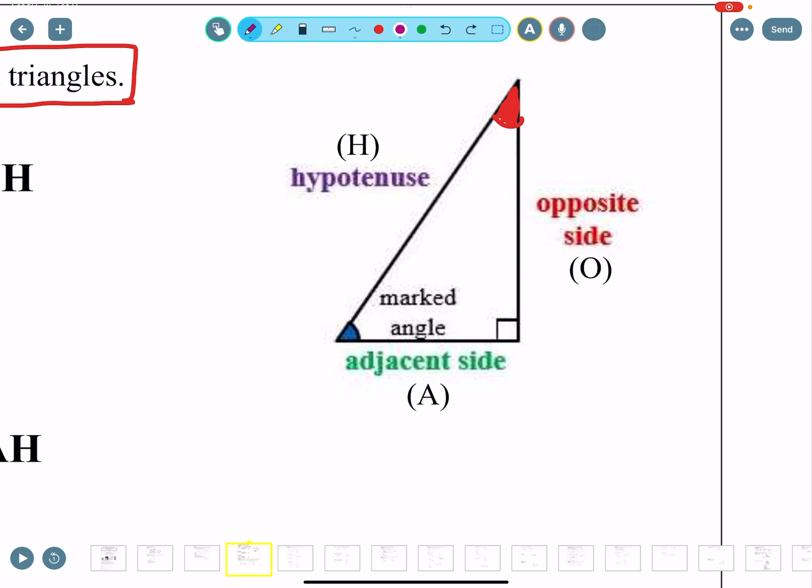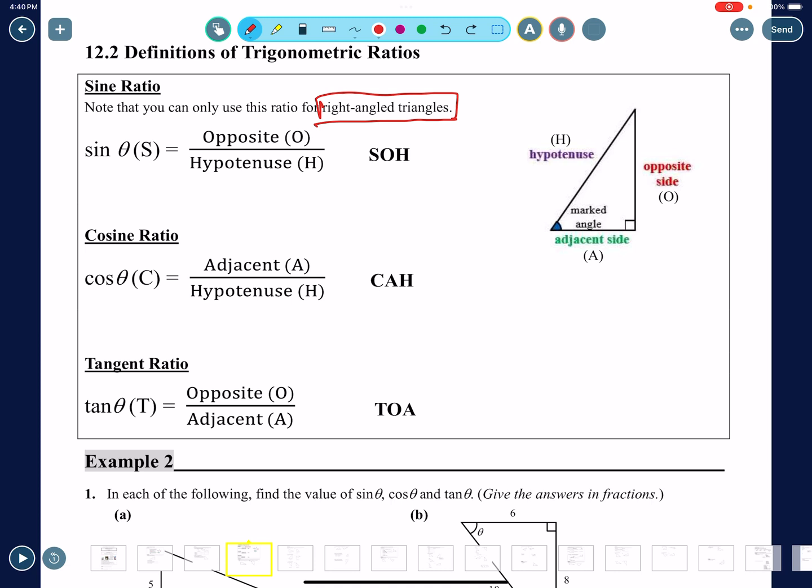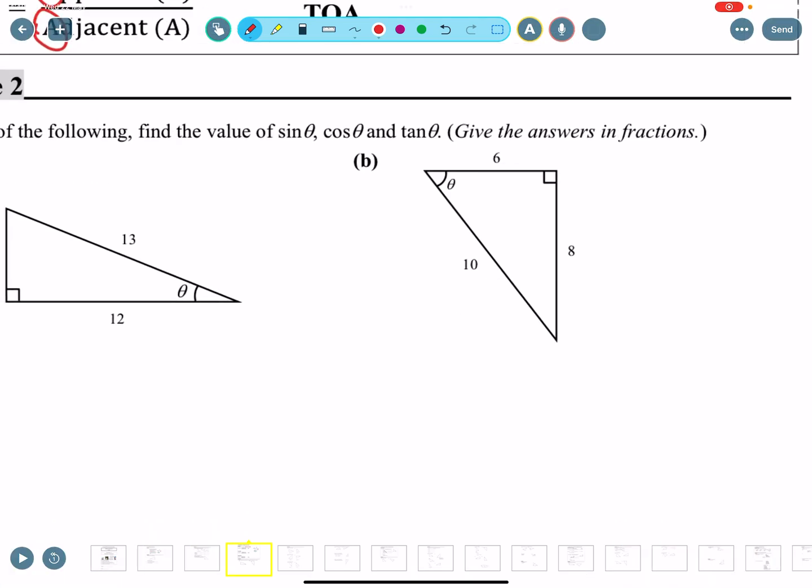So it changes depending on the angle. CAH: cosine equals adjacent over hypotenuse, and the last one, TOA: tangent equals opposite over adjacent. The first letters of all these make up the abbreviation SOHCAHTOA, which will help you remember.